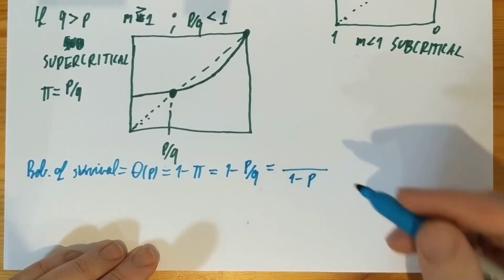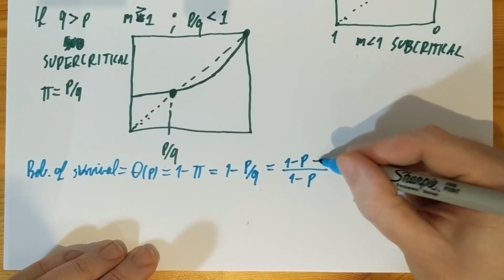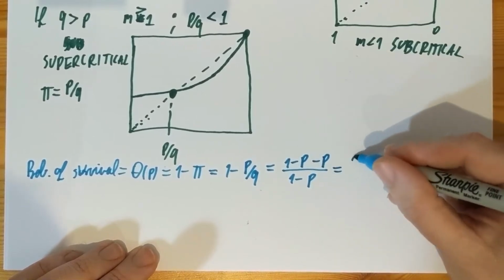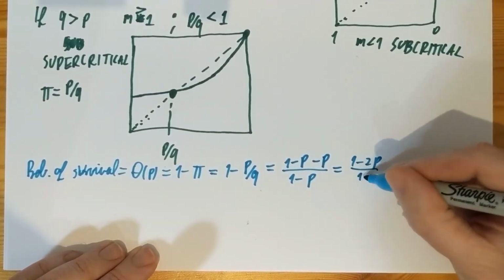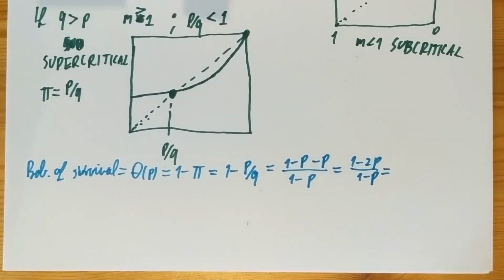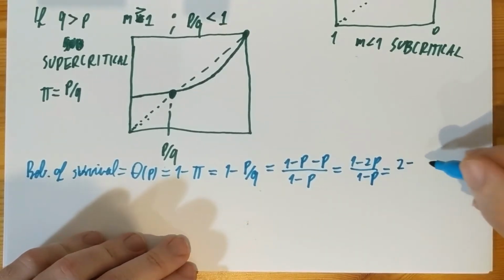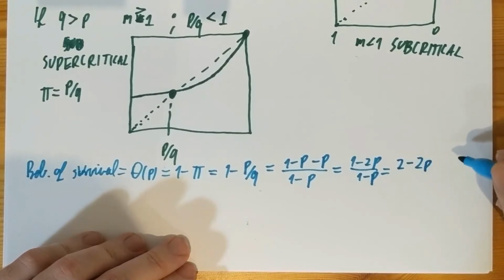So q is 1 minus p, and then I add a 1 minus p here and another p there. So 1 minus 2p over 1 minus p. And actually I want to plot this, and one way of plotting this is factoring out a 2. I'm going to say it's 2 minus 2p, which is of course not true.